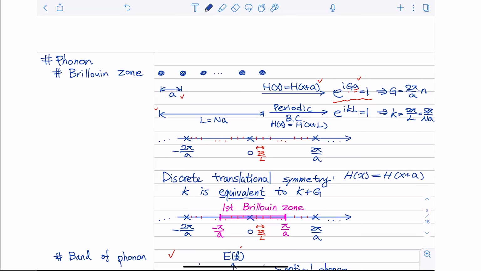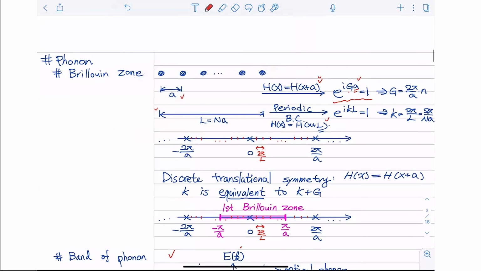Usually, the convenient boundary condition is the periodic boundary condition, which means that the Hamiltonian H will be invariant once you translate the system by the system size L. Okay, so it is very similar to the discrete translation symmetry we just discussed before.